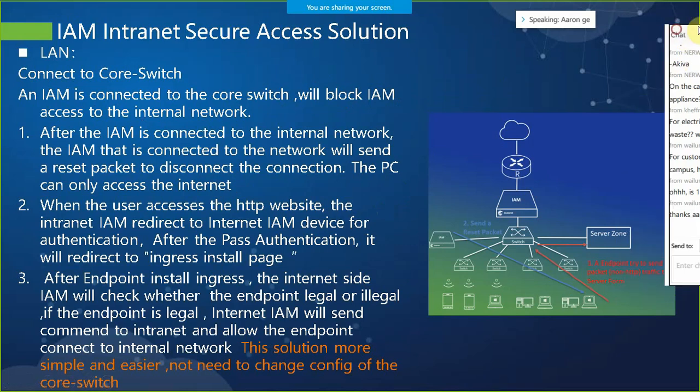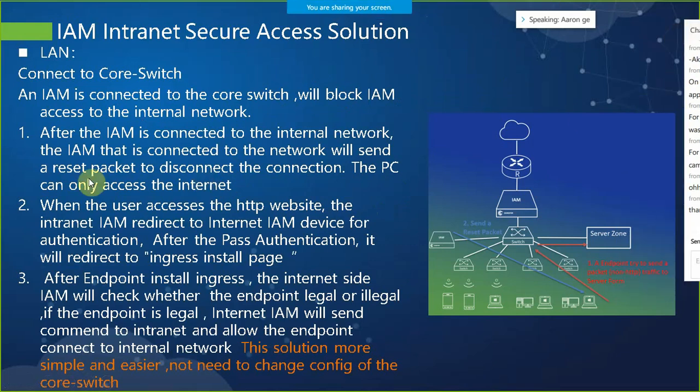So a quick introduction is like this. IAM will be single-arm connected to the core switch, and this is for the LAN scenario. The core switch will mirror all the traffic to IAM for analysis.